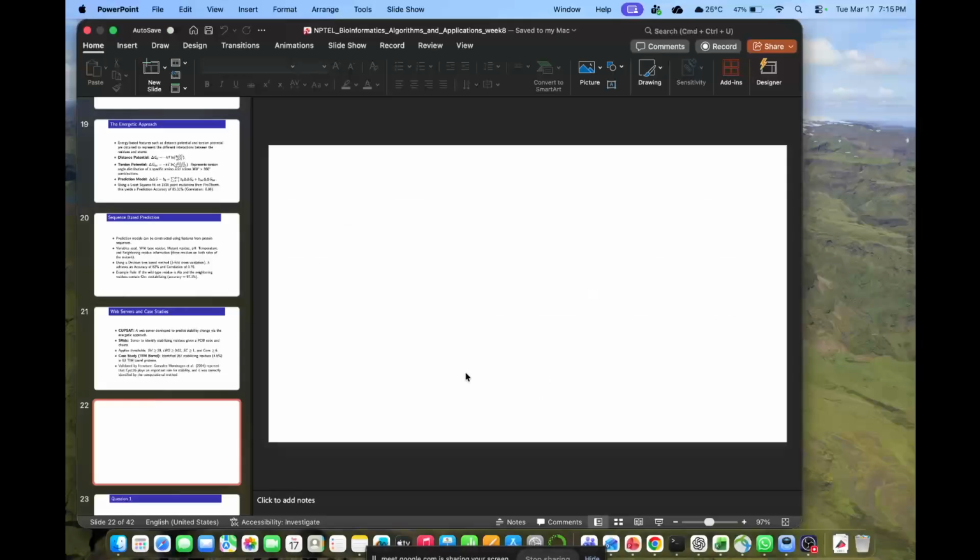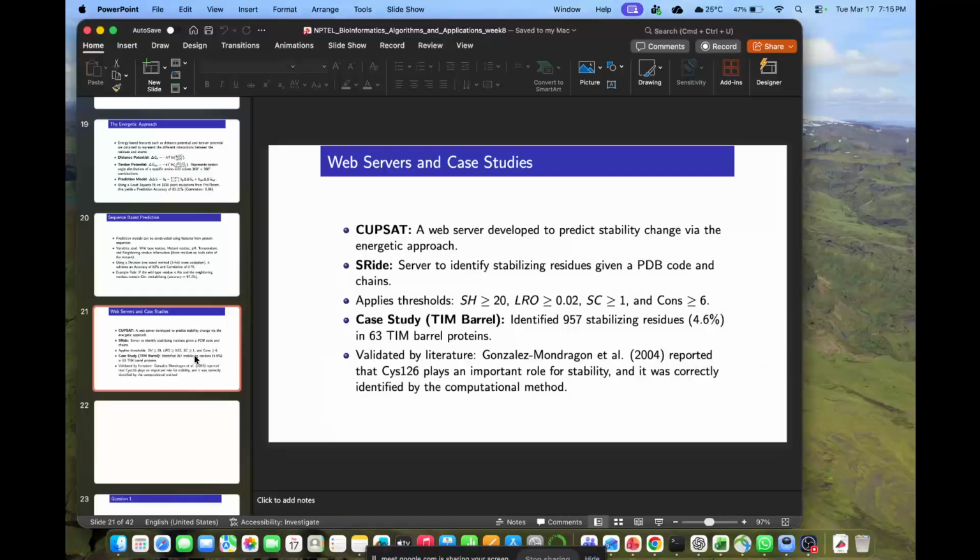So this works only for barrel proteins, right? These thresholds are specific to this set of proteins, obviously. For other types of proteins, you'll need different thresholds. It's dependent on the protein itself.